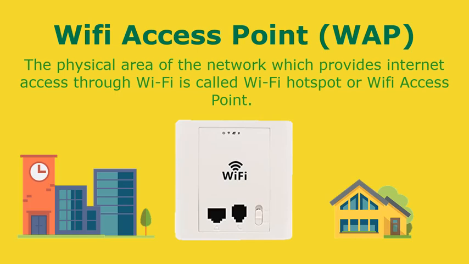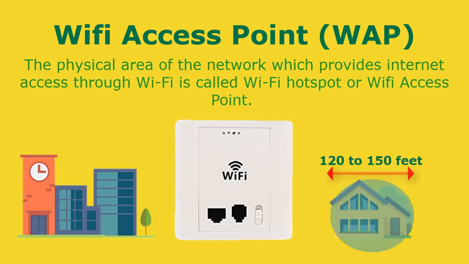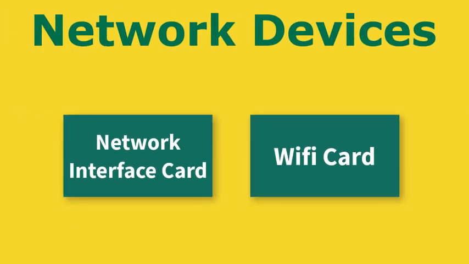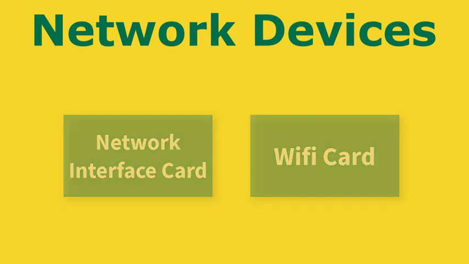Every access point has a range of around 120 to 150 feet for home, or much larger for school or university, and only devices within this range can connect to the network. There can also be a limit on the number of computing devices that can connect to the network. So with a NIC or Wi-Fi card, your device is ready to talk to other devices.